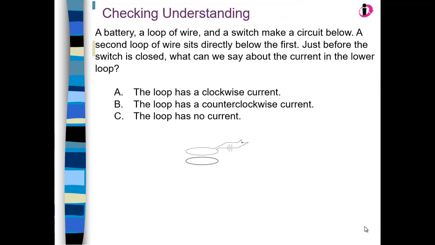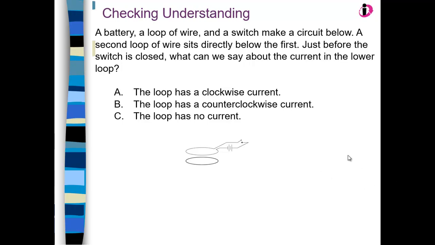Okay, let's try this one. Let's say we have a battery and a loop of wire and a switch that makes a circuit. We have a second loop of wire below it, and just before the switch is closed, what can we say about the current in the lower loop?